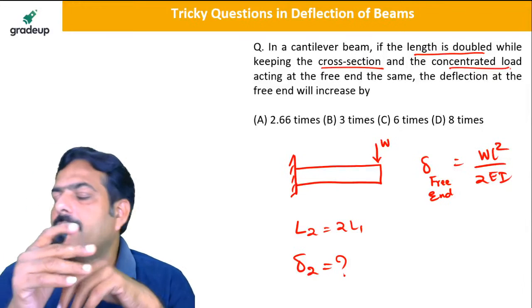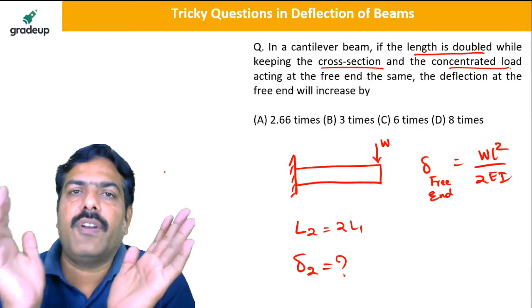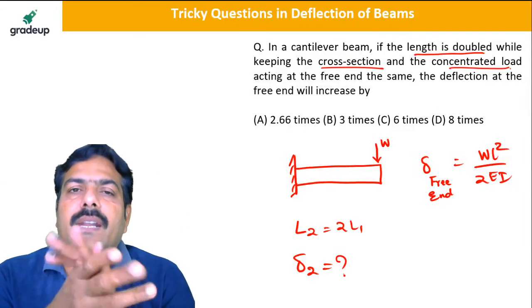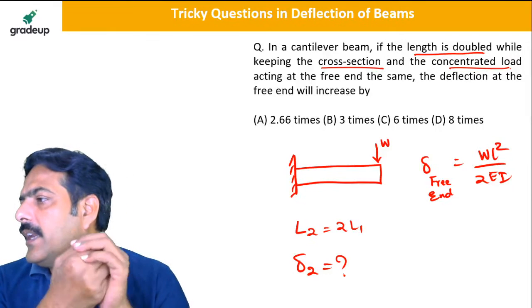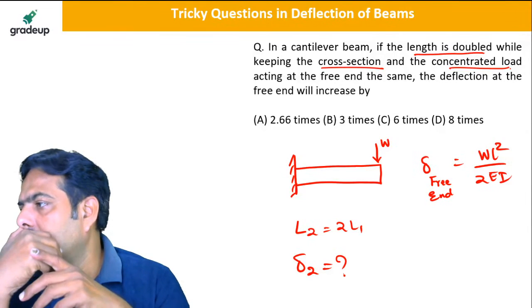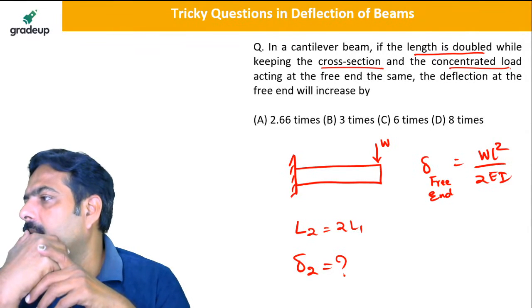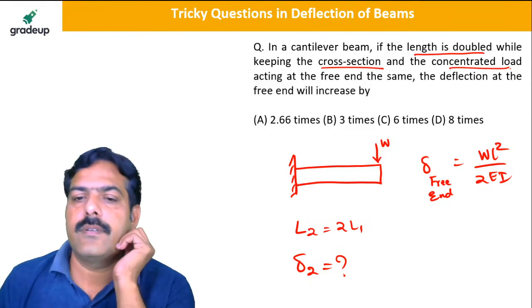Yes, and see here, CG and shear center are at different positions in unsymmetrical sections such as C section, L section, T section and so on. Is it clear now? Right?